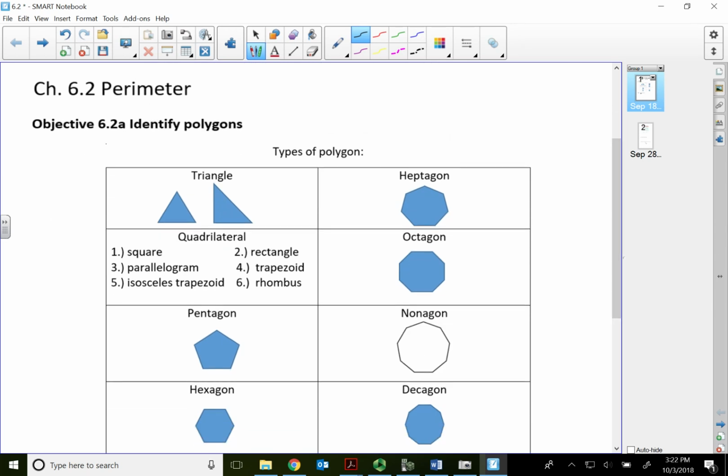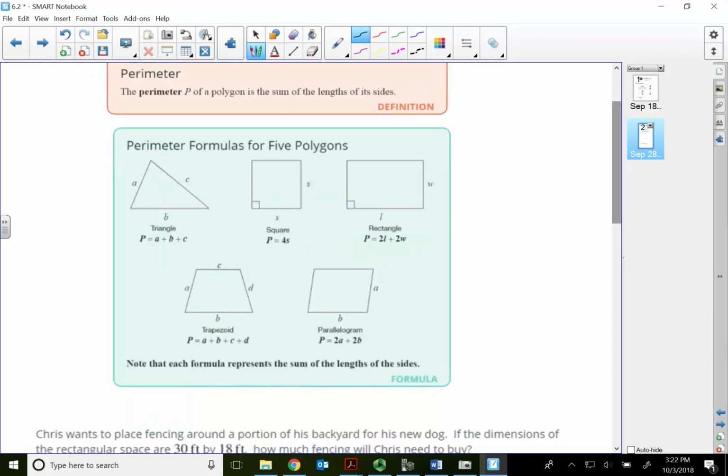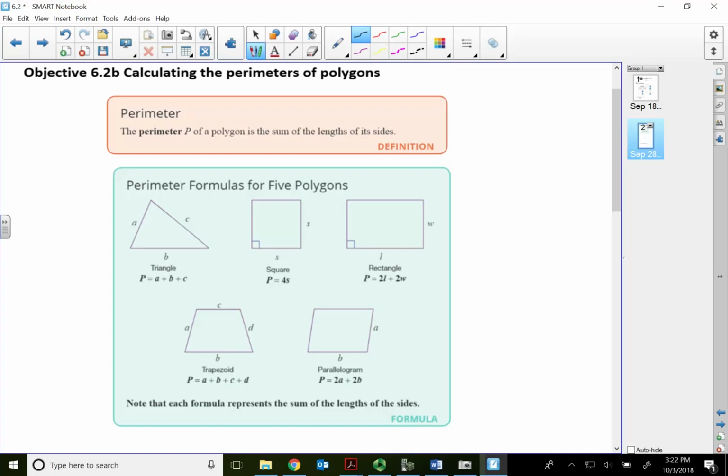Now, to find the perimeter of any polygon, we simply add all the sides. Here I wrote out the formulas for the ones that we run into the most, and you can check them on the formula sheet. To find the perimeter of a triangle, we simply add all three sides together.